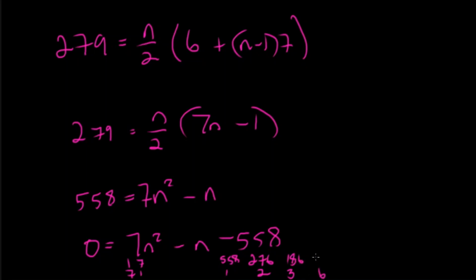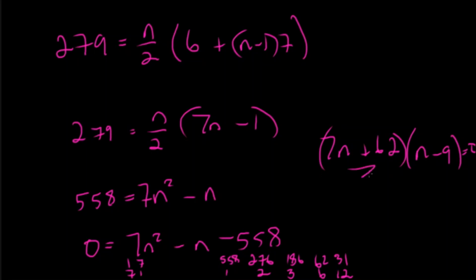I'm just going to go ahead and get these last ones with the calculator. 62, 31, and 12. All right, this one is a beast. And if we do a little bit of flip-flopping, we're going to get 7n plus 62, n minus 9.